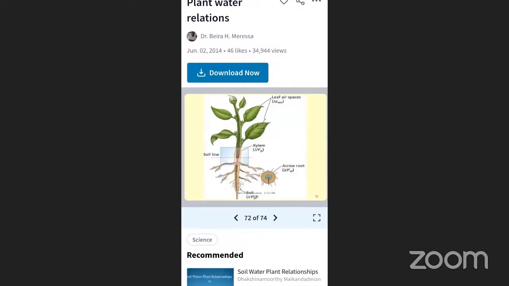The stomata together with the guard cells and subsidiary cells are called the stomatal complex or stomatal aperture. In dicots, the guard cells are kidney shaped, whereas in grasses, meaning monocots, they are dumbbell shaped.